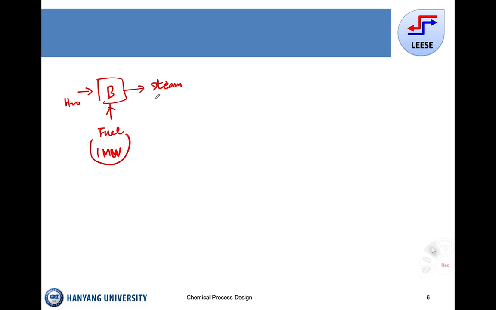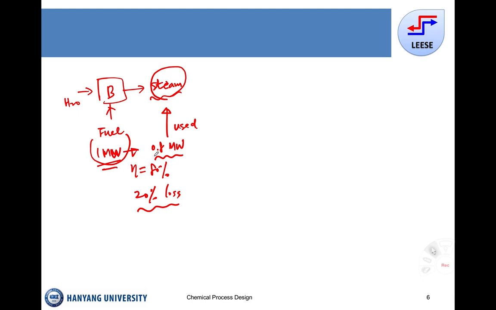To know how much steam is produced, we have to take into account the efficiency. So say we take the efficiency as 80%, then 0.8 megawatt will be used for the production of the steam. The 20% will be lost. So the efficiency should be taken into account.